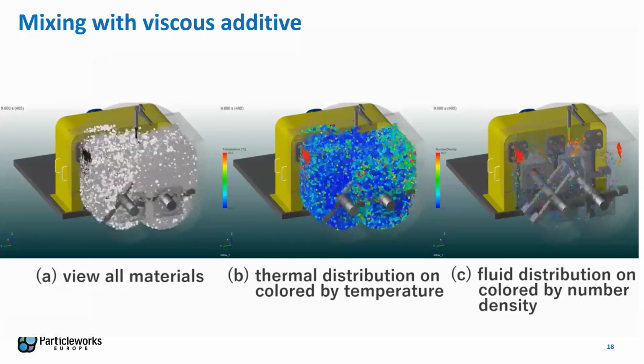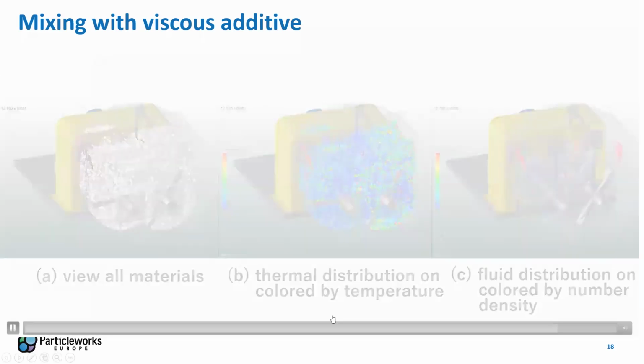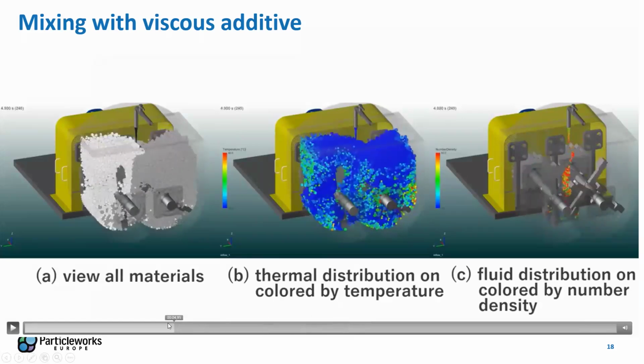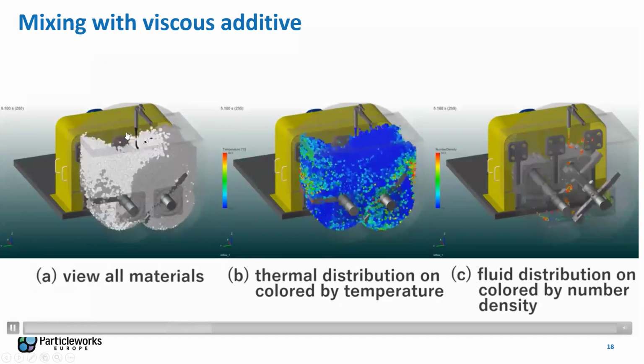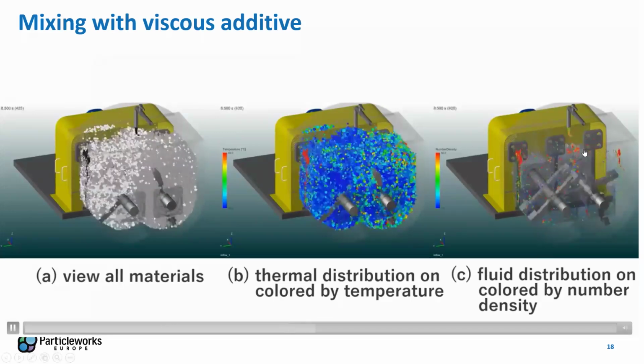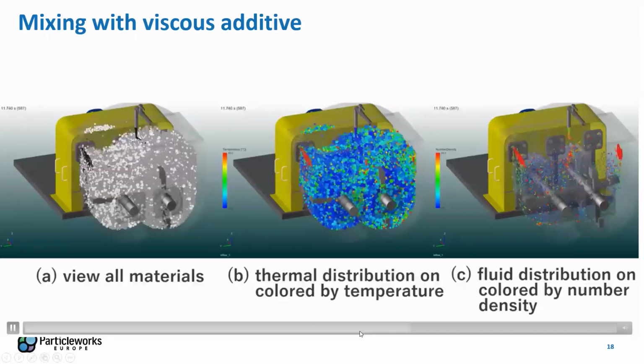Here we do see another example of the coupling. In this case, we have basically a powder material and then a very viscous additive that needs to be dispersed in the powder matrix. You can see on the right only in color the viscous material.